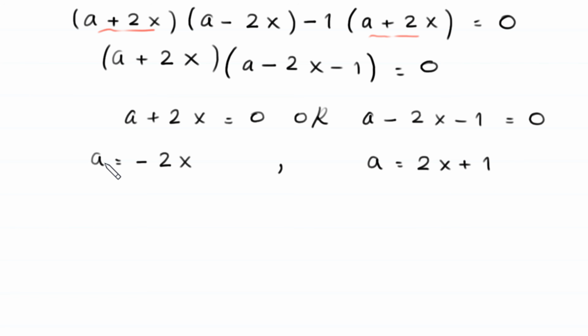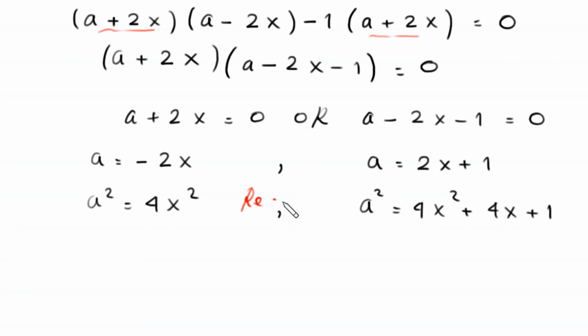If we square both sides of this equation, this will become a squared equal to 4x squared, and if we square both sides of this equation, this will become a squared equal to 4x squared plus 4 times x plus 1.